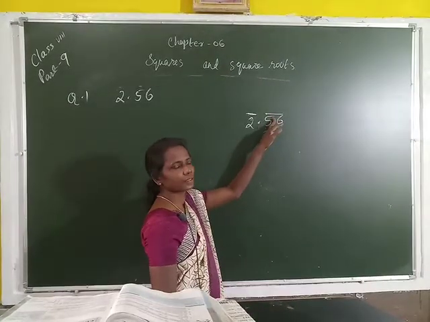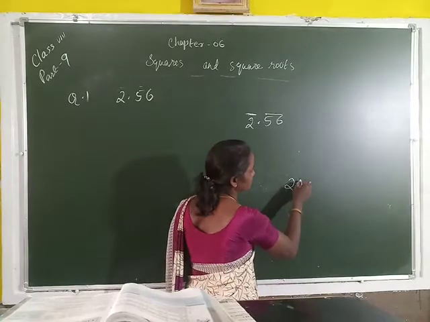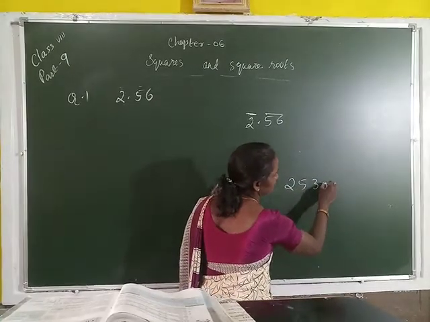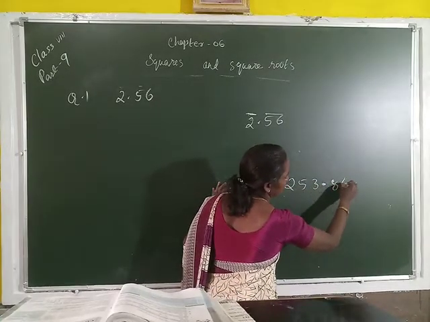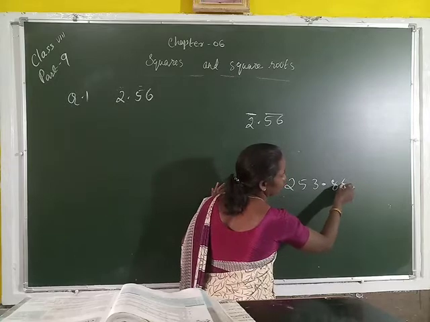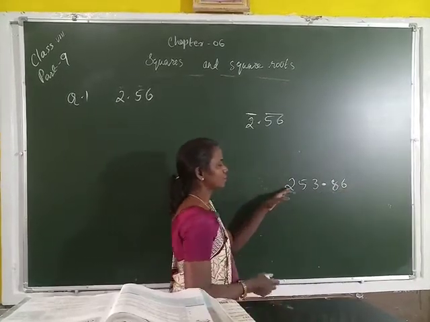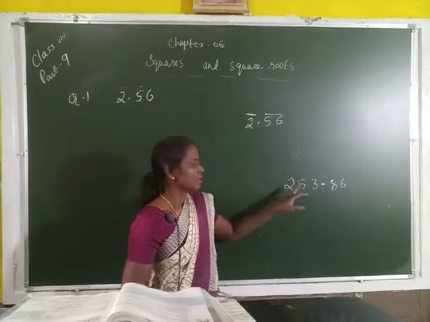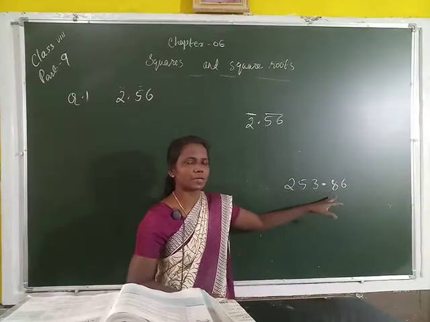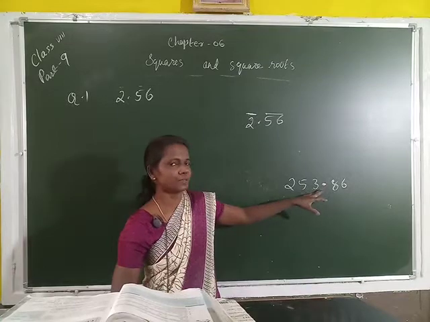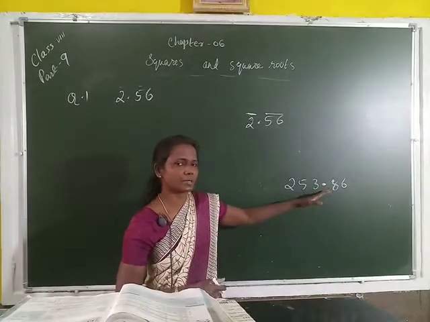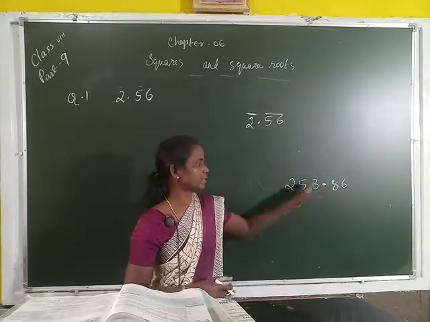Is it clear? For example, look at this decimal number. How many parts does it have? A decimal number has two parts, the integral part and the decimal part.